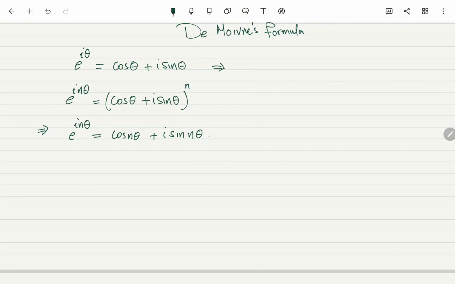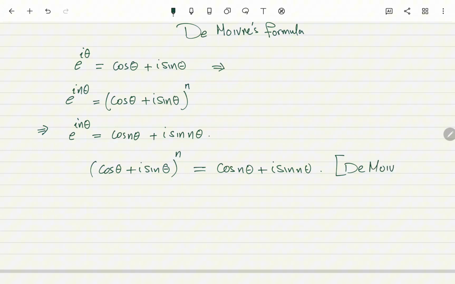Simply, we can use this definition: (cosine theta plus i sine theta) to the power n is actually equal to cosine n theta plus i sine n theta, and this is called de Moivre's formula. This formula is used very often in optics. It's actually a very important formula in optics.